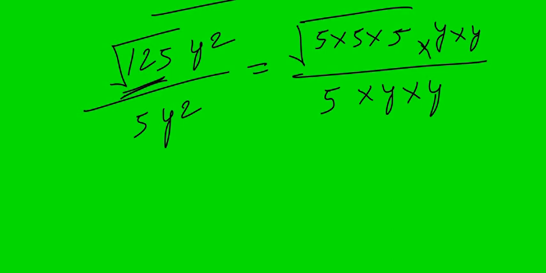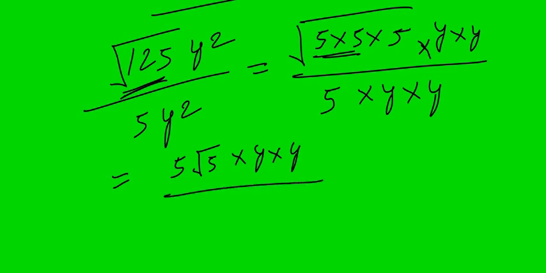Always you have to write in expanded form and then after that you have to cancel it. So here we will make pairs and one is unpaired. So we can write 5 under root 5 into y upon 5 into y into y. So finally you have to cancel it. 5 will be cancelled with 5, y will be cancelled with y, and the next y will be cancelled with y.